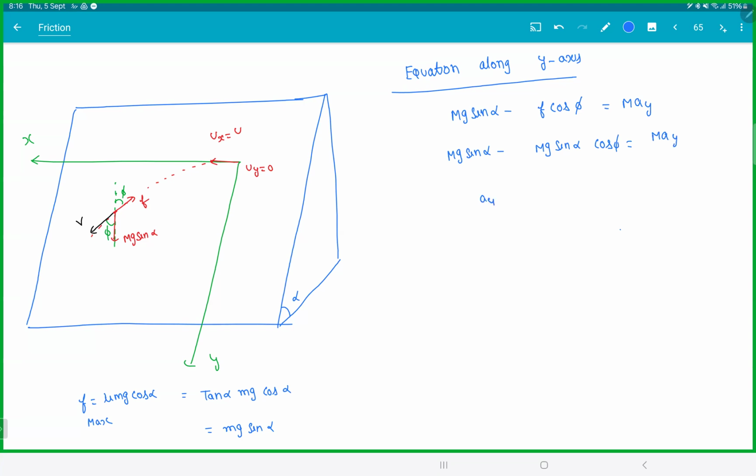So from here we get ay is equal to g sin alpha into 1 minus cos phi. This is your first equation. And remember, ay is the y component of acceleration. Clear? Any doubts on this page?